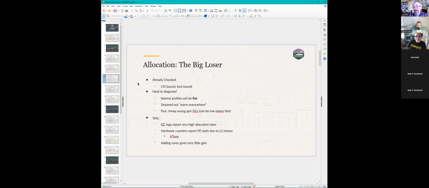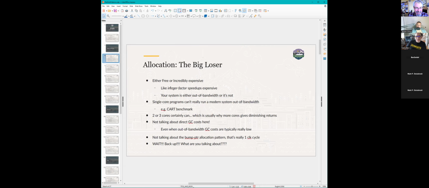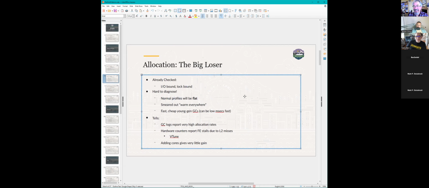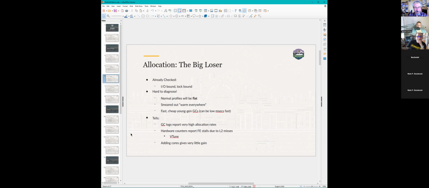Not even 10 times. I've seen one go from 20 minutes to 1.5 seconds just by eliminating copying. But the profiler said your time is spent evenly across the application. Right, normal profiles have hotspots, but this one is flat, and yet there's a huge performance gain. That's how you spot it.